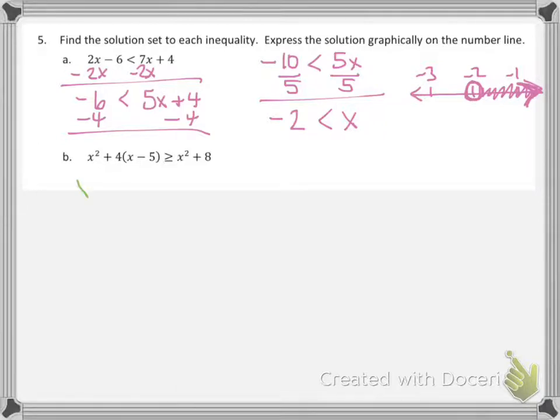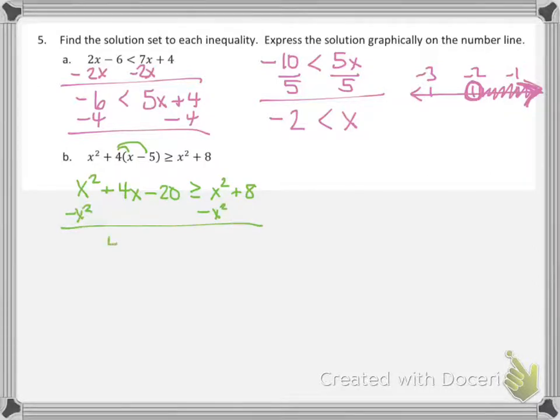Distributive property first. X squared plus 4x minus 20, right? I just did 4 times x and 4 times a negative 5, is greater than or equal to x squared plus 8. And then let's work on getting the x's all by themselves. Well, I can subtract x squared from both sides.